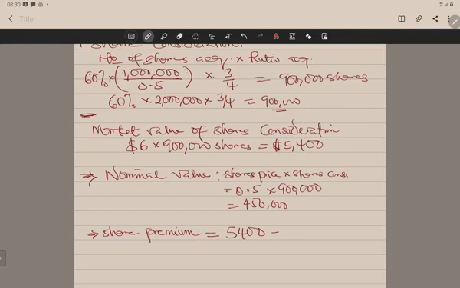This one is in millions. Okay, we can say 5.4 minus 450. Whatever we have, we should have 4,950. So 4,950 is just our share premium, and that is to be added to share premium in the statement of financial position.